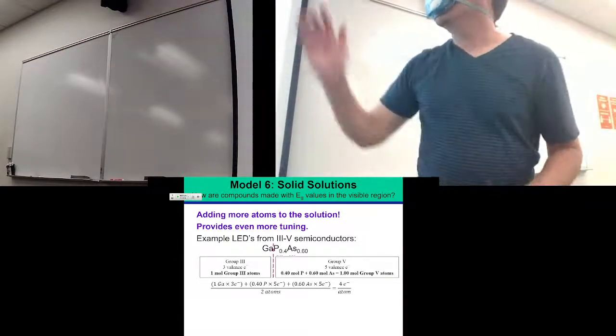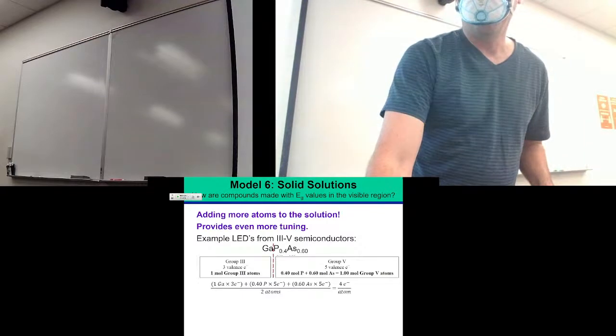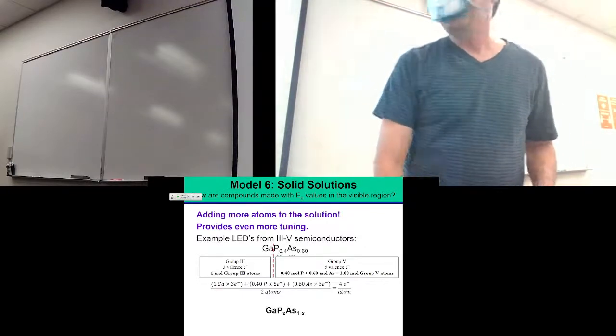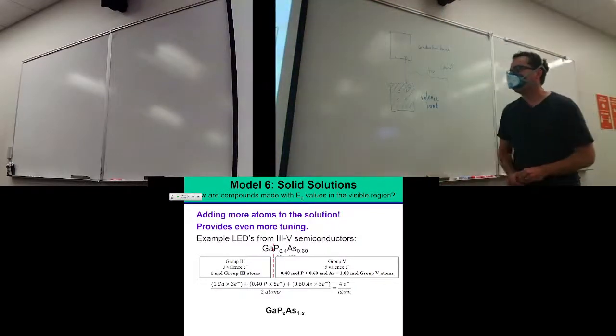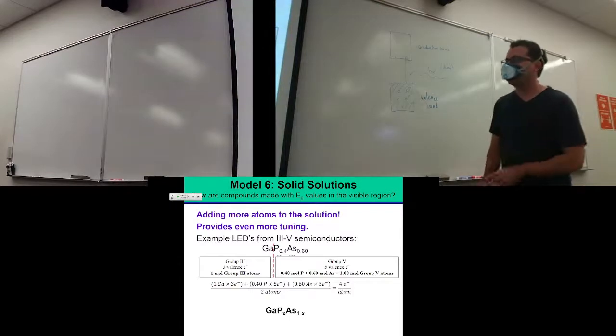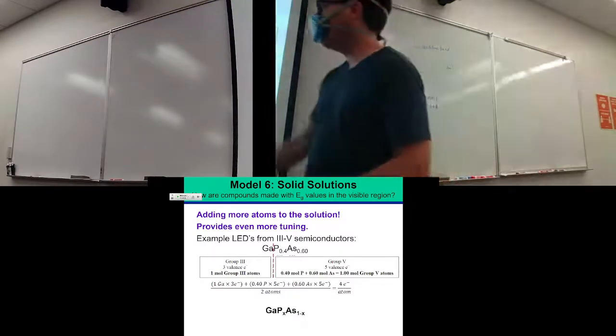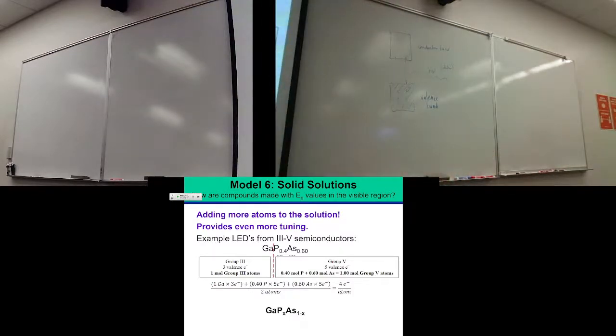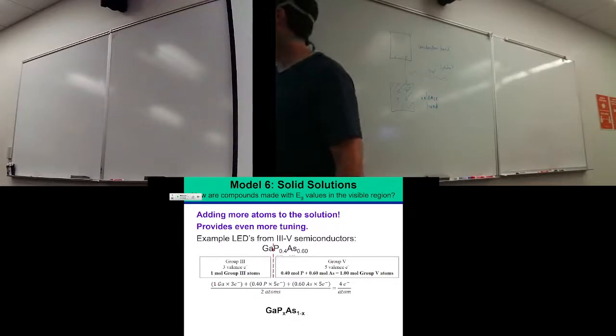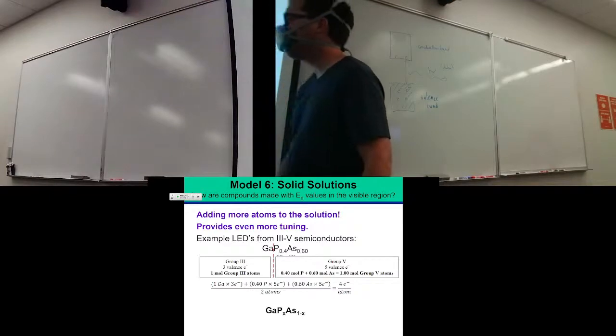And here's the math if you care, but that's in your packet. So the generic formula for a solid solution using this isoelectronic material, where you mix up phosphorus and arsenic, is 1 gallium, there's nothing there, it's a 1, with X amount of phosphorus, 1 minus X arsenic.